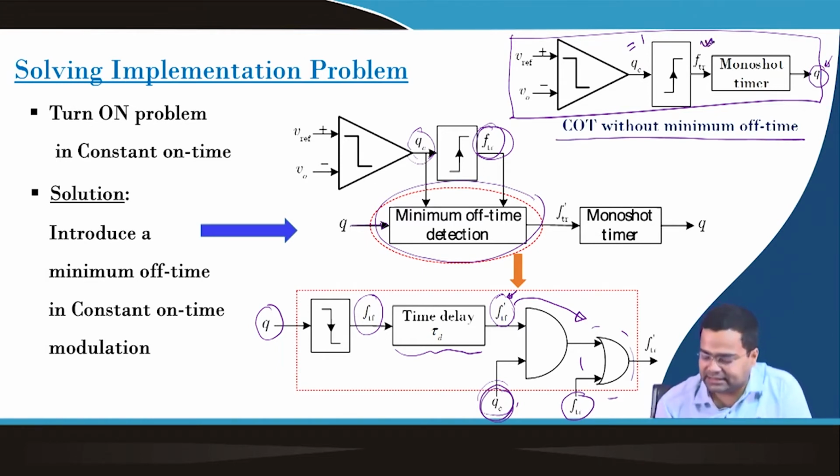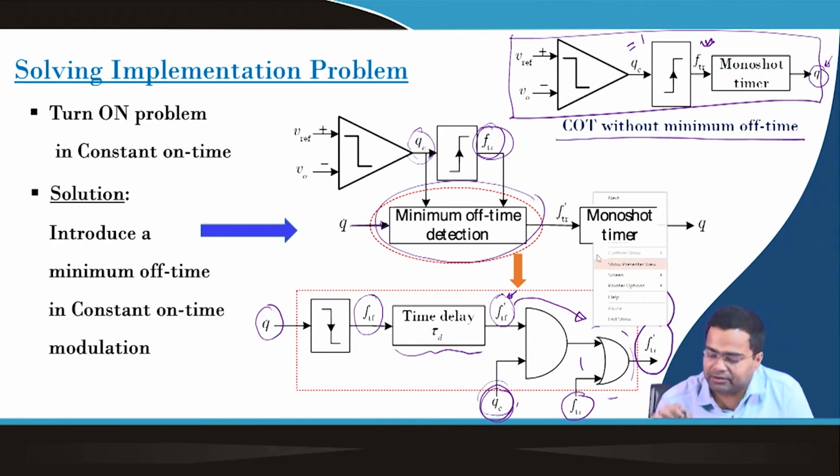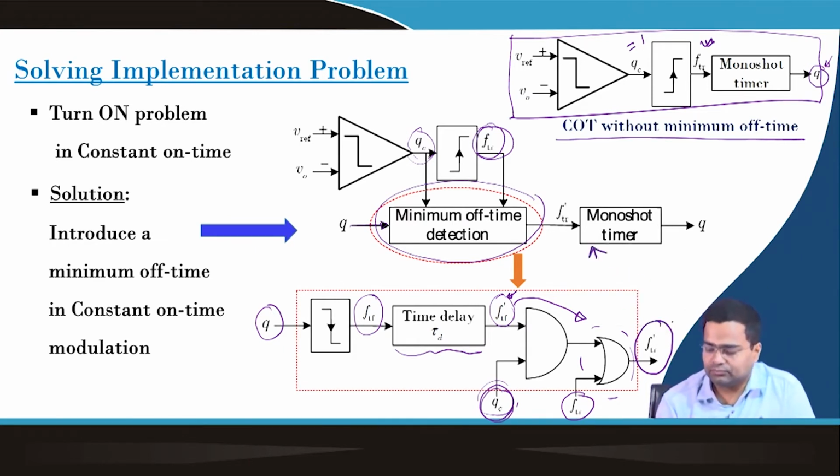It is ANDed with this falling edge detection, which is delayed by a minimum off time, and the OR operation of this delayed falling edge signal with the rising edge signal will be my trigger pulse for the monoshot timer. So, this monoshot timer is now used. Now, we can solve this problem.